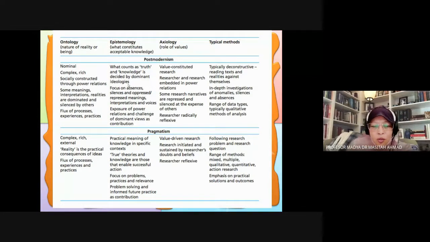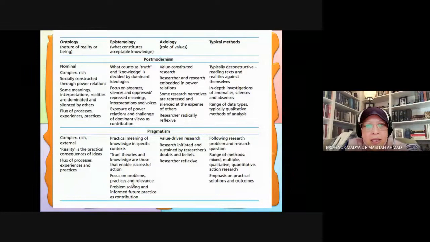So you might use this pragmatism ontology, the practical meaning of knowledge in specific contexts, true for this epistemology: true theories and knowledge are those that enable successful action, focus on problems, practice and relevance, problem solving, and inform future practice as a contribution.